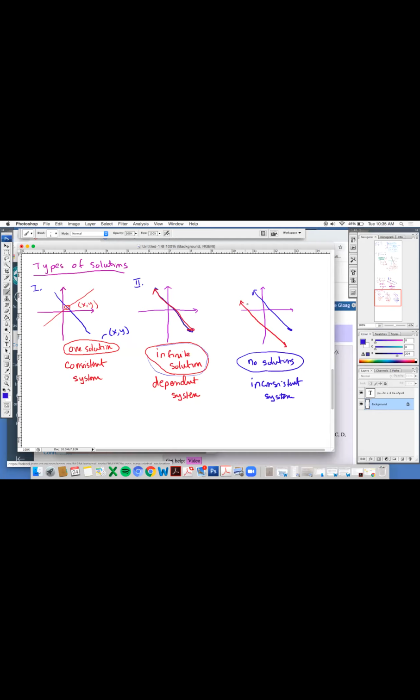And if you get the third type, you tell me this has no solutions. The consistent, dependent, and inconsistent is language that I'm sharing with you, so as you're reading directions on the homework or reading the book, you know what it means. I'm not going to test you on this language. It's the ones in the circles that you need to give me when you do the solutions.